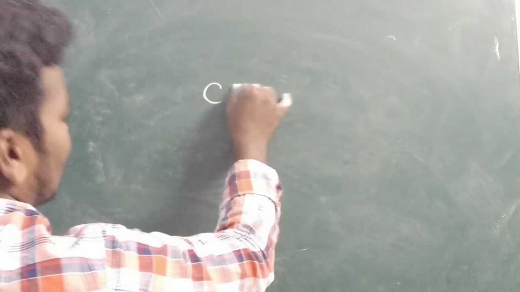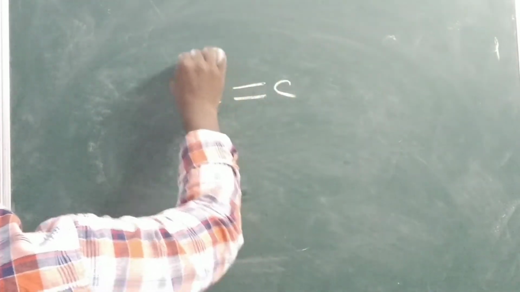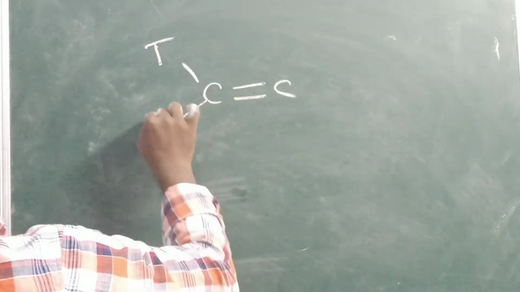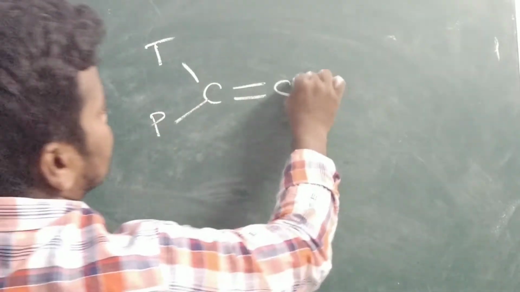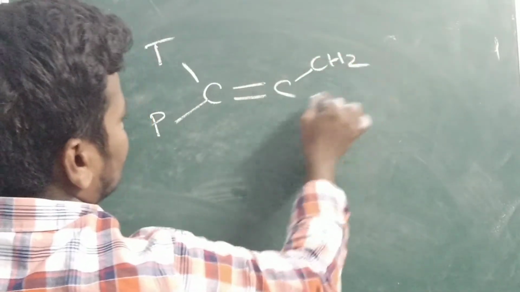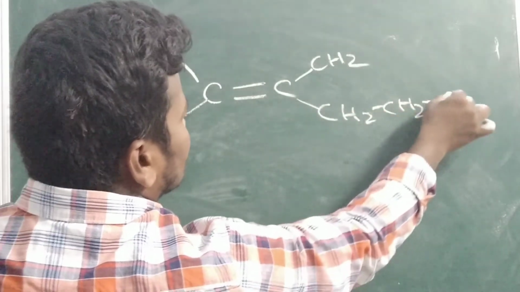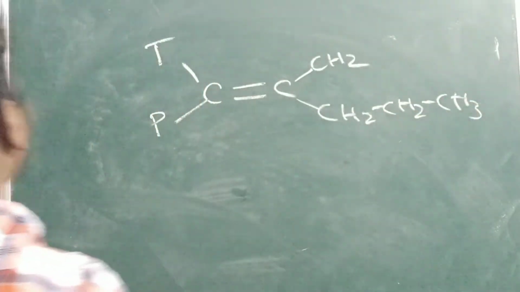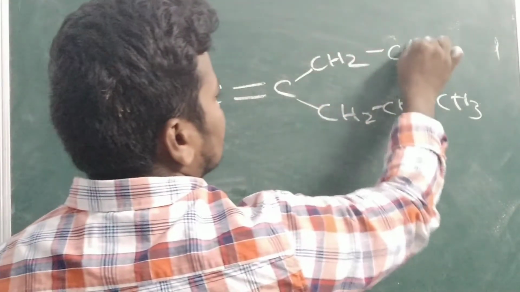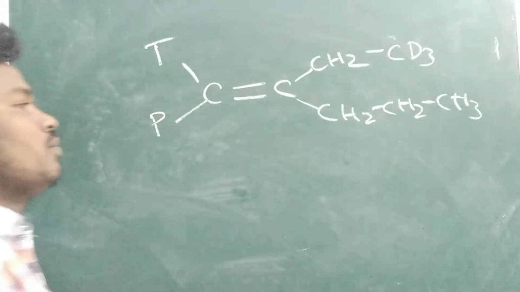Now we can see the E isomers also. Carbon to carbon double bond, with tritium on each side, CH2, CH2, CH3. Here this is not hydrogen, you can take tritium.